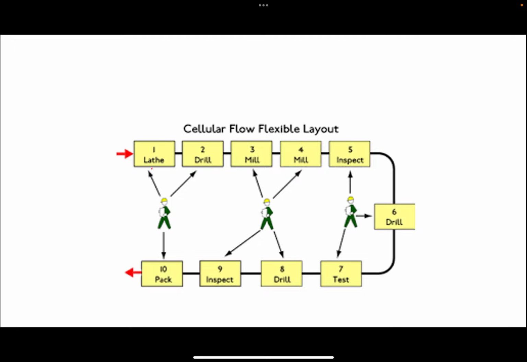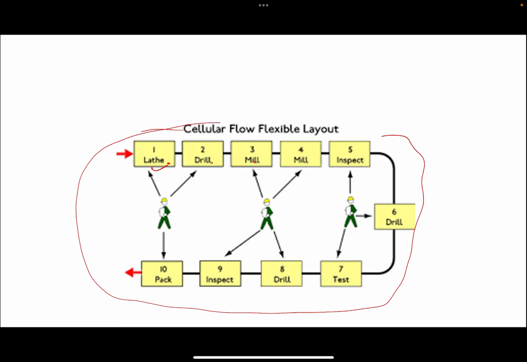You can see the various machines, like lathe, drill, milling machine, etc. All these machines together form a cell, and this cell is responsible for manufacturing a family of similar parts. All the similar parts are manufactured using this cell. Similarly, you have another cell, which will manufacture a different family of parts. So this is a combination of process layout and product layout.